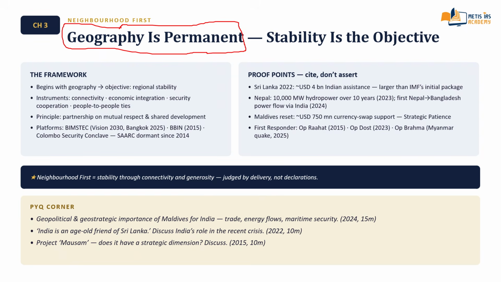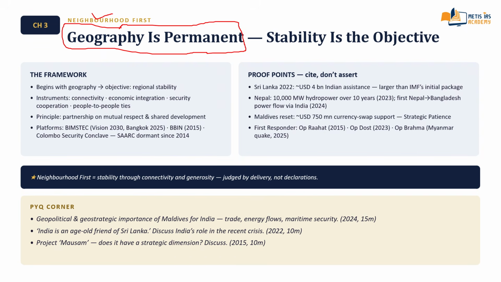Recognizing this reality, India has consistently emphasized the principle of neighborhood first. Neighborhood first does not mean giving preference to one country over another. Then what? Rather, it reflects the understanding that regional peace, mutual trust, and shared prosperity are essential for India's own development.